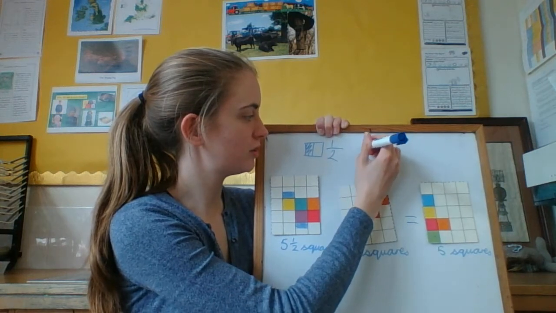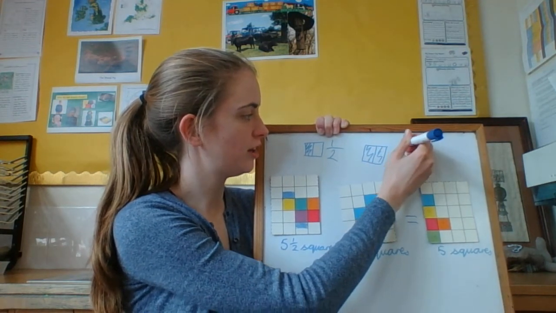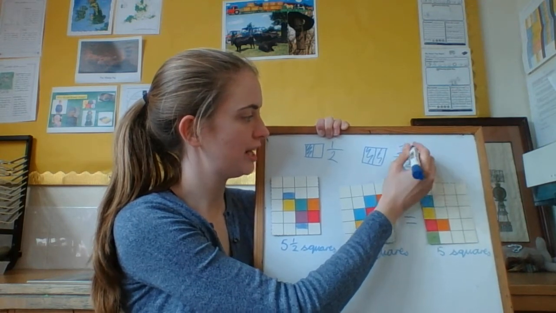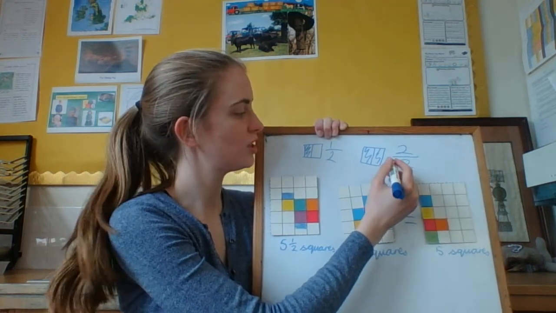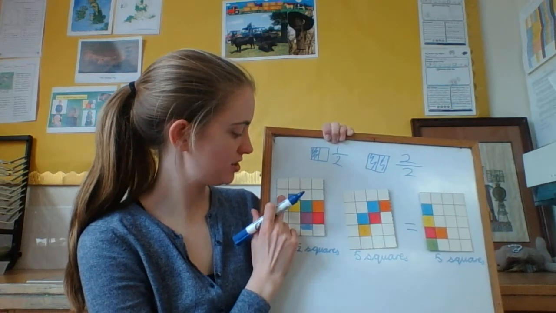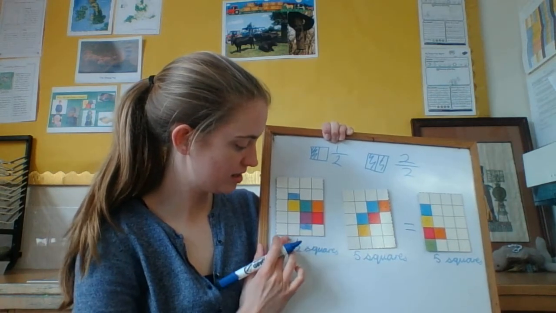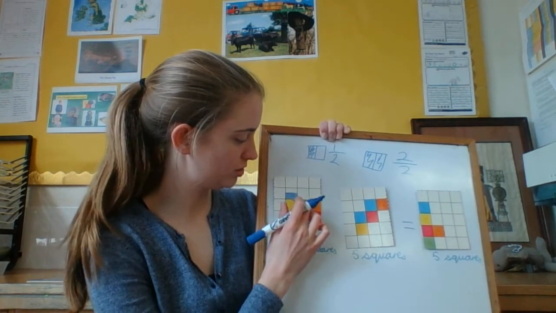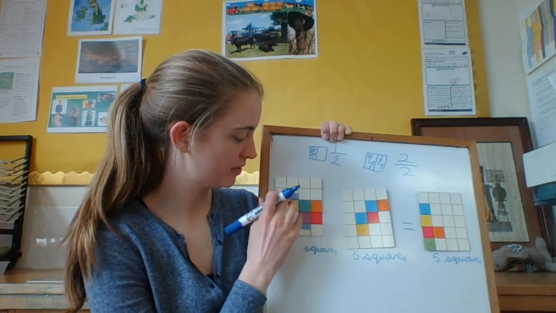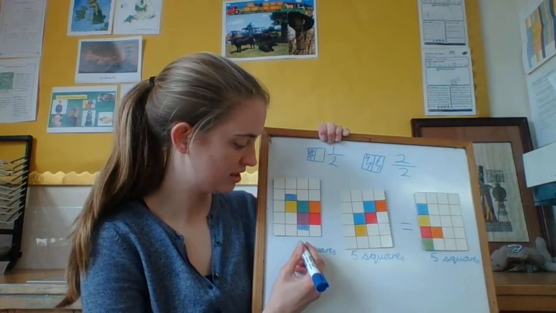And if I've got 2 halves, 1 and another one, I've got 2 out of 2 pieces, 2 halves, a whole. Okay, so a half, add another half, is 1. So this would give me 6 squares because I've got 1, 2, 3, 4, 5 and 2 halves. So 1, 2, 3, 4, 5, 6.